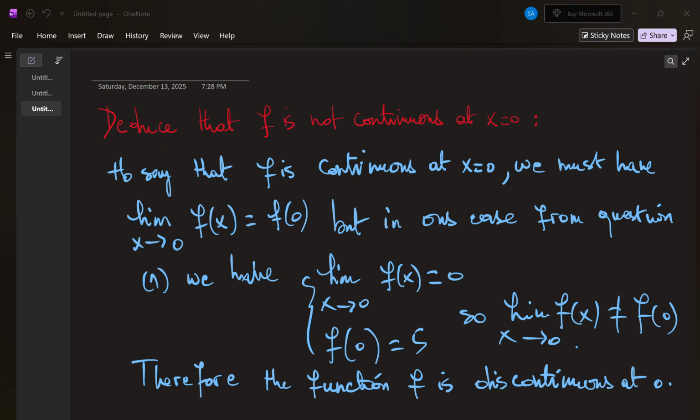Now we move to the next question, which tells you, can you define f of 0 so that the function f is continuous at x equals 0?